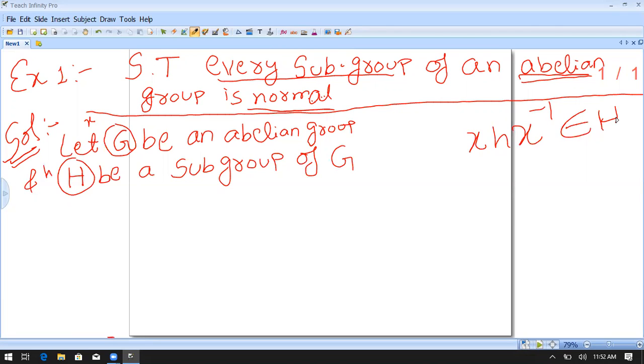If we take this, we can prove that it is a normal subgroup.